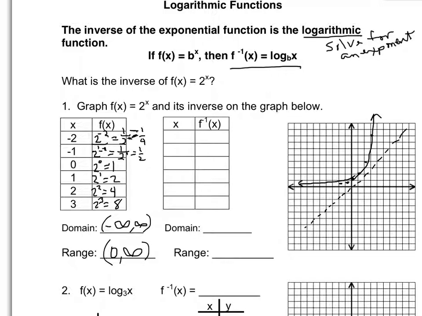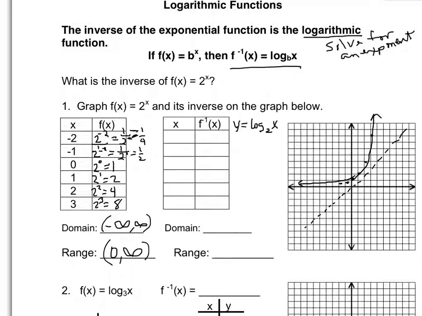Now, in order to plot the graph for the inverse, which would be y equals log base b of x, in this case, this would be the equation y is equal to log base 2 of some value x. What we're going to do is choose some values of x, but remember our x and y values switch for each ordered pair.